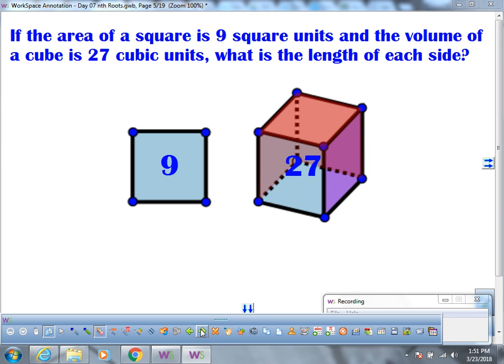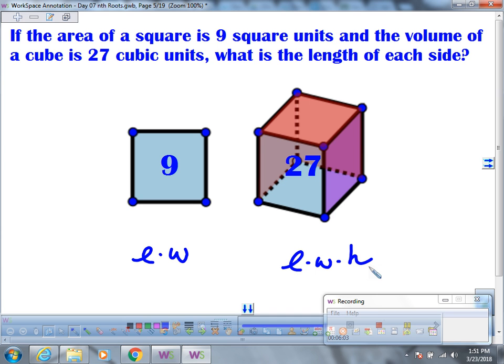All right. Okay, so here's where my conceptual piece comes in. If the area of a square is 9 and the volume of a cube is 27, area being length times width, and volume being length times width times height, what is the side of the square?